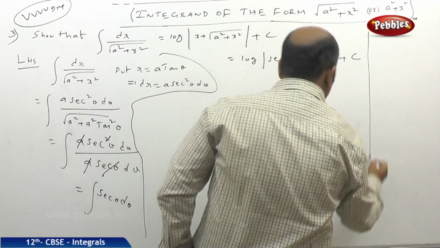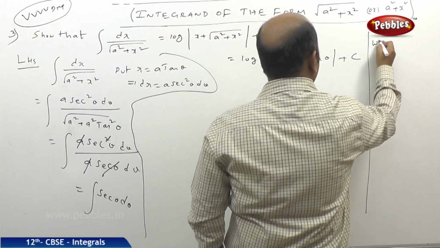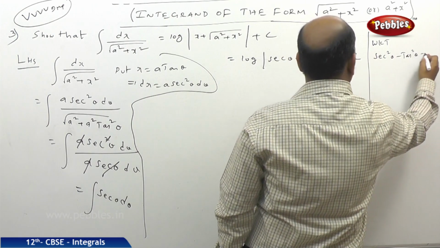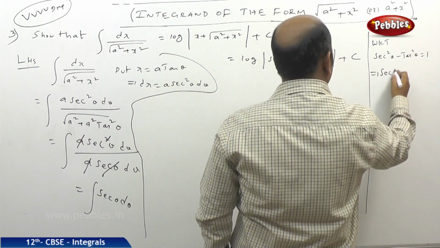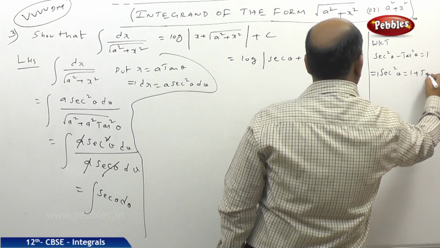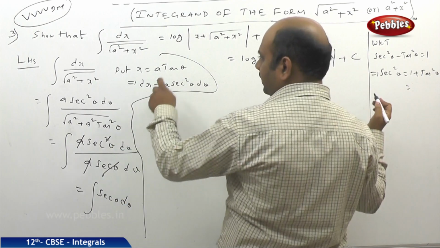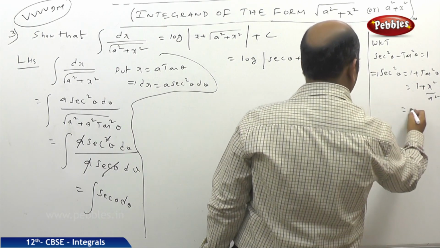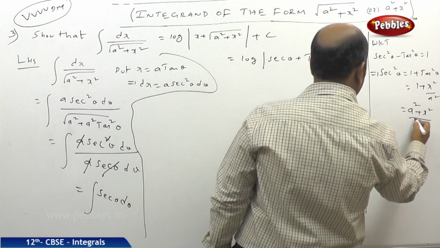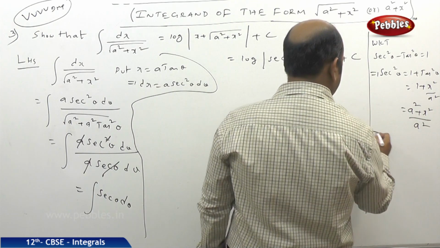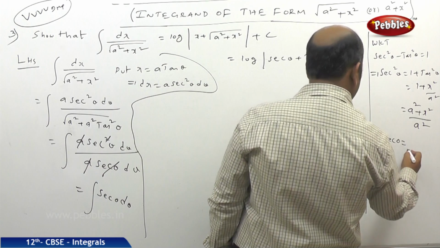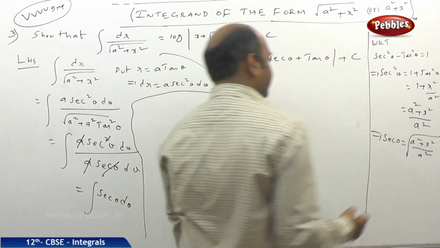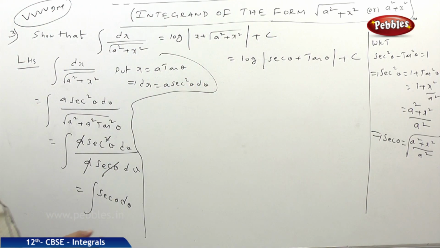So for this, we know that secant square theta minus tan square theta is equal to 1. That means secant square theta is equal to 1 plus tan square theta, but tan theta I called x by a. So this becomes x square by a square, so this becomes a square plus x square by a square. That implies secant theta I can write as under root of a square plus x square by a. This conversion is very, very important for us.